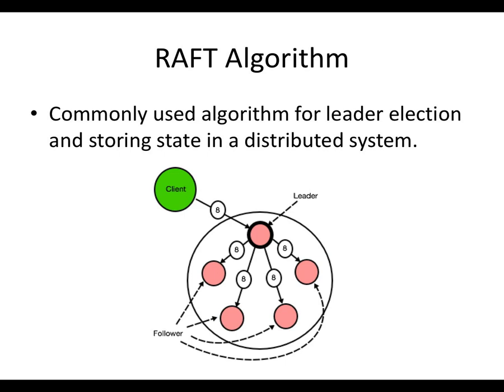It steps you through exactly how systems go about electing a leader using the Raft protocol, or the Raft algorithm, excuse me. It's a very simple and effective algorithm, and you'll see it very commonly used in these sorts of distributed platforms.